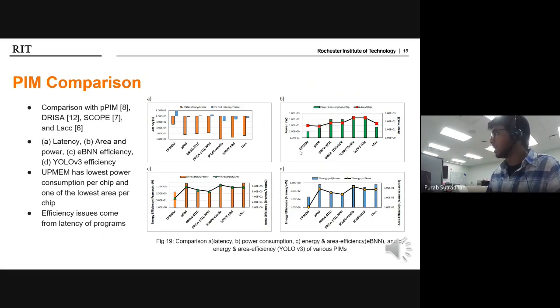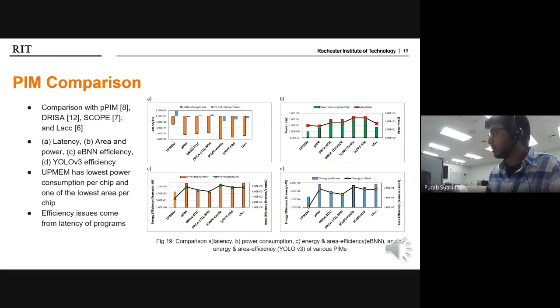Now, in figure 19b, we can observe that the UPMEM PIM has the lowest power consumption per chip compared to the other PIMs. And this is significant because DRAM chips have a power budget, so we cannot just put as much processing capability in each chip as we want without some kind of modification or advancements for handling that kind of power.